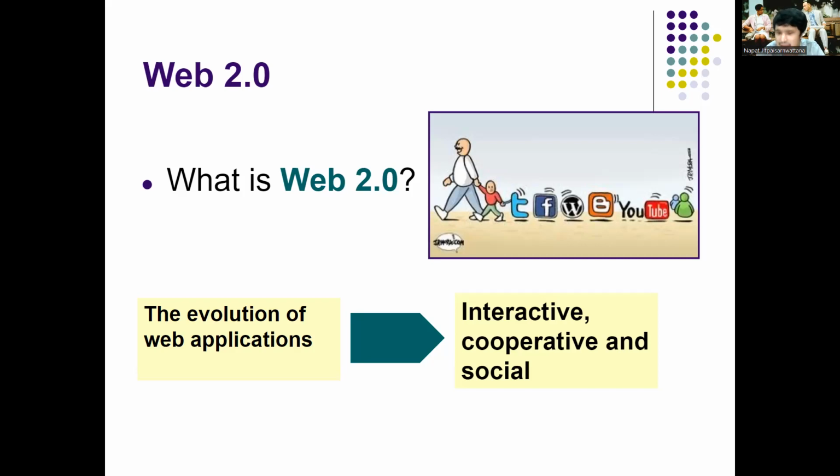It's more interactive and cooperative, and you can build more community and stay connected with other people. So it's more social in many ways. You get to create a new society with other people.